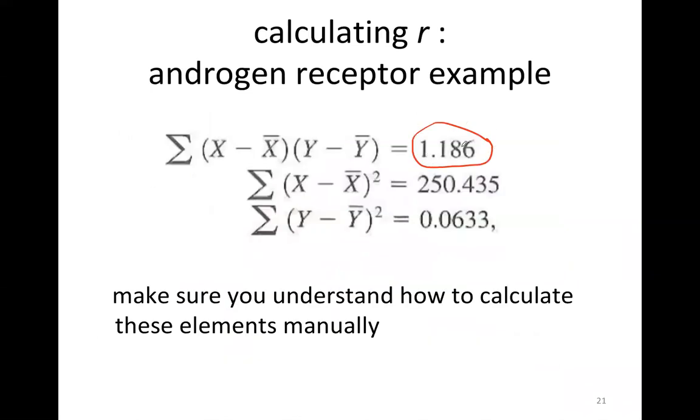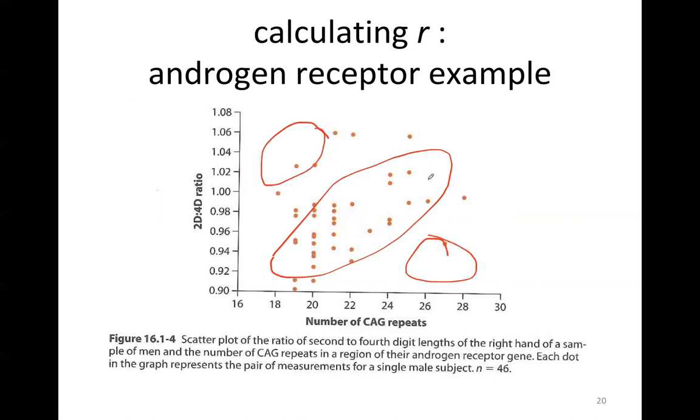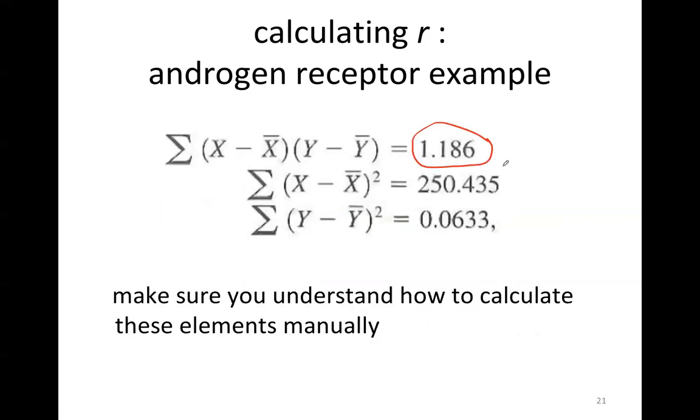Given that here the numerator, the sum of products, was positive, the r we will calculate from these values will also be positive. And this is not surprising because already by eye we kind of saw a positive looking relationship. There was a deficiency here and also, slightly less here. So not surprising that this is a positive value.